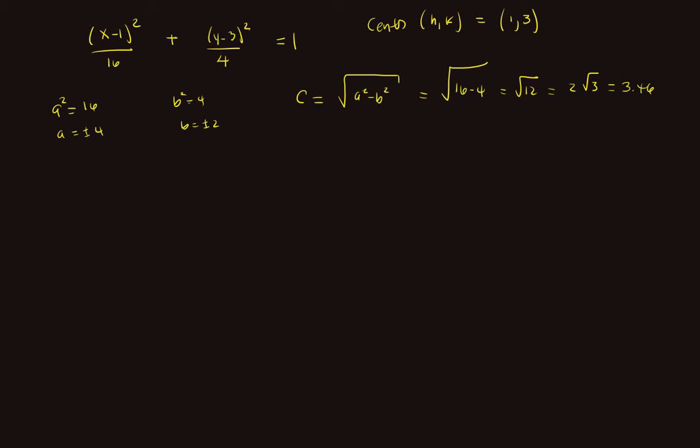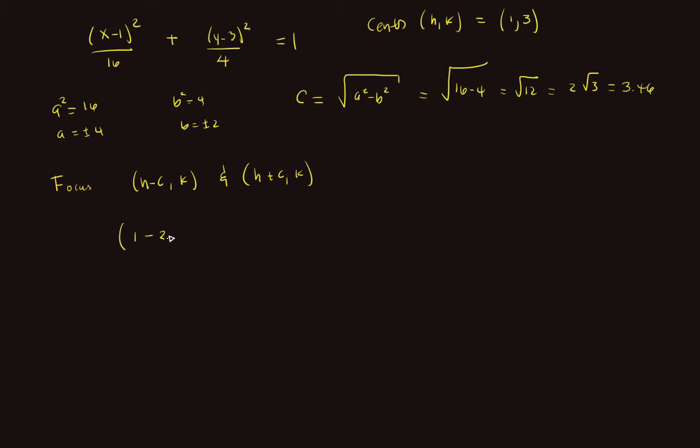For an ellipse, we need these two equations. The focus, when the ellipse is aligned along the x-axis, is going to be h minus c and k, and h plus c and k. We already have h, and k. Yes, the center is 1 and 3. So this is going to be 1 minus c, which is 3.46, or 2 square root of 3.